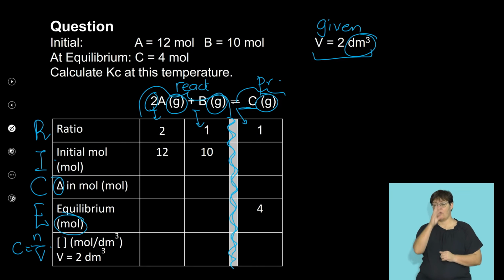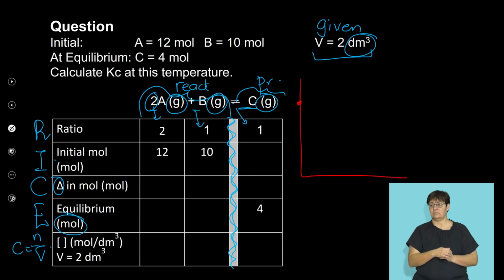So what we should remember now is that initially we had 12 moles of A and 10 moles of B, and I just want to show you there that initially we have that number of moles for A and B, and we have no moles for C. So if I started off with 0 and I now have 4, it actually means I must have added 4 when I did the change.